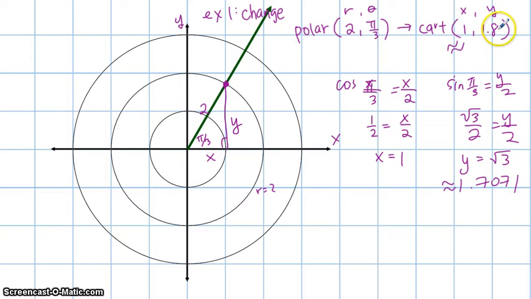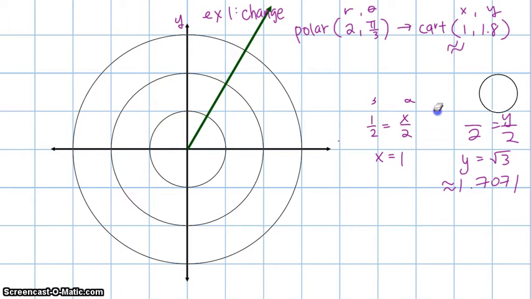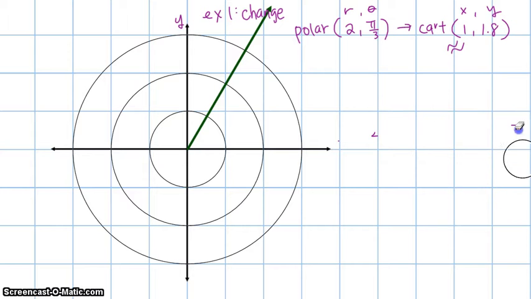Okay, so 1.8 was pretty good. Looks like it was closer to 1.7. Okay. Now what if we generalize that? Instead of doing very specific ones, what if we generalized it to any r and any theta?